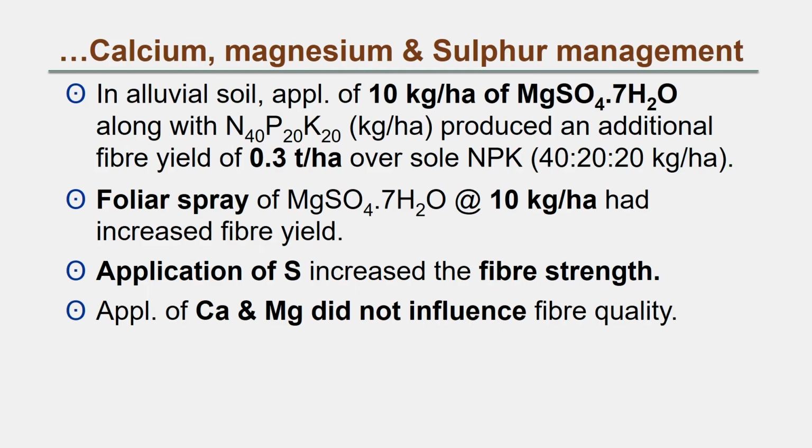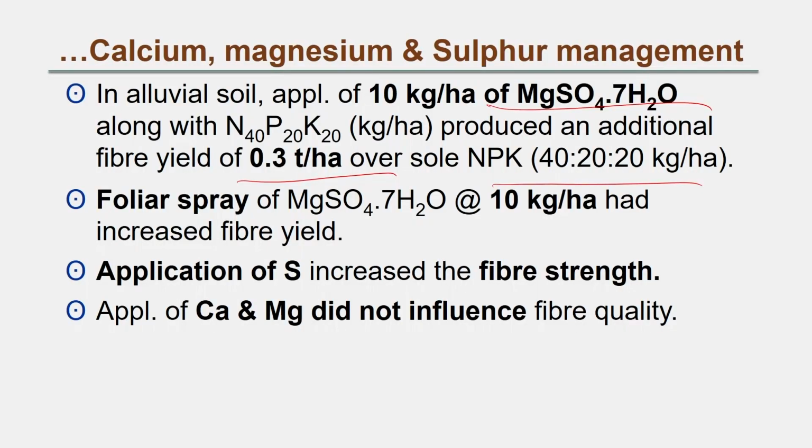In alluvial soil, application of 10 kg per hectare of magnesium sulfate, MgSO4·7H2O, along with NPK, N40, P20 and K20 kg per hectare, produced an extra fiber yield of 0.3 ton per hectare. 0.3 ton means 300 kg per hectare over sole NPK application of 40-20-20 kg per hectare.